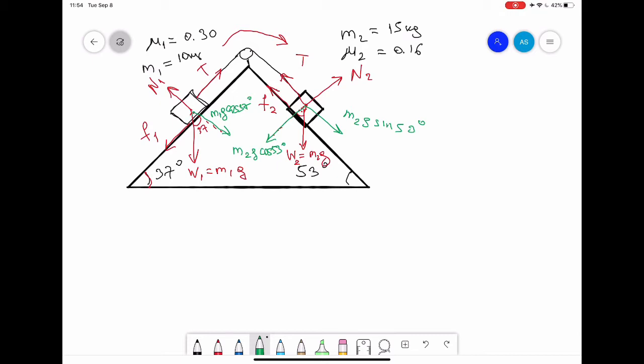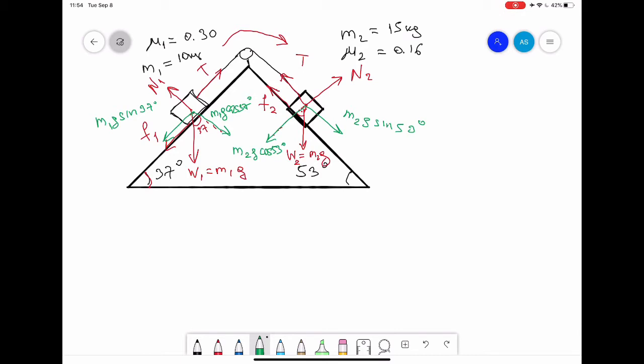Then we have this force, which will be m1g sine 37 degrees. Okay, now so far we have finished writing down all the components of the forces.